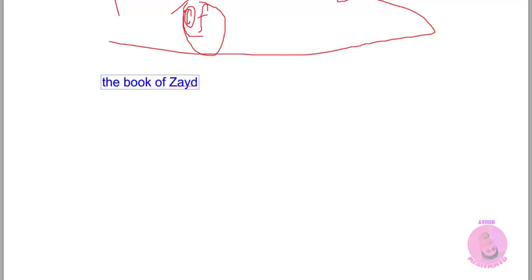This is an English possessive phrase. Somebody asked me to translate this phrase into Arabic. If you look at it, the book is the possessed thing, and "of" shows the relationship between Zaid, which is the possessor, and the possessed thing, the book.